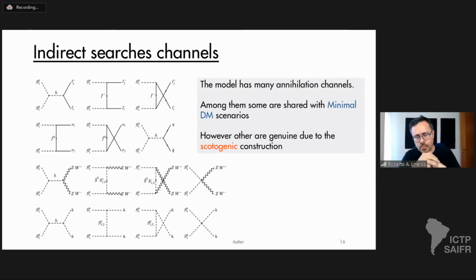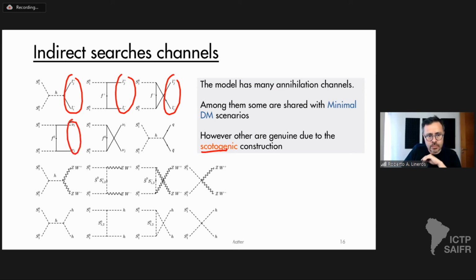So now, talking about the part that for me could be more interesting, the indirect searches channel. In this case, as you saw in the scalar potential, it's very rich because there are a lot of couplings between the different triplets and the Higgs doublet. Nevertheless, the model behaves like two classes of models in the literature. There are the typical channels of the scotogenic construction, which annihilate mainly into leptons, charged leptons and neutrinos.